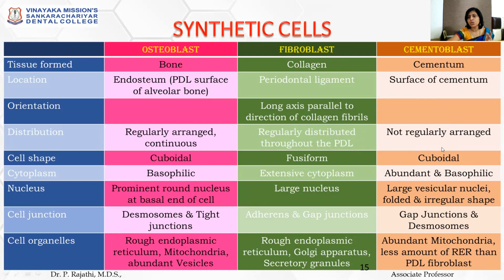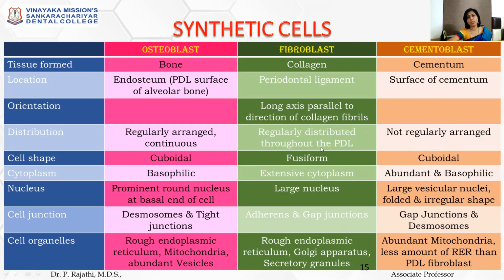Whereas cementoblasts are not regularly arranged, so they have gap junctions and desmosomes. In case of fibroblast cells, they are regularly distributed throughout the periodontal ligament and the cell junctions are adherens and gap junctions. And these fibroblast cells are arranged in the long axis parallel to the direction of collagen fibrils.